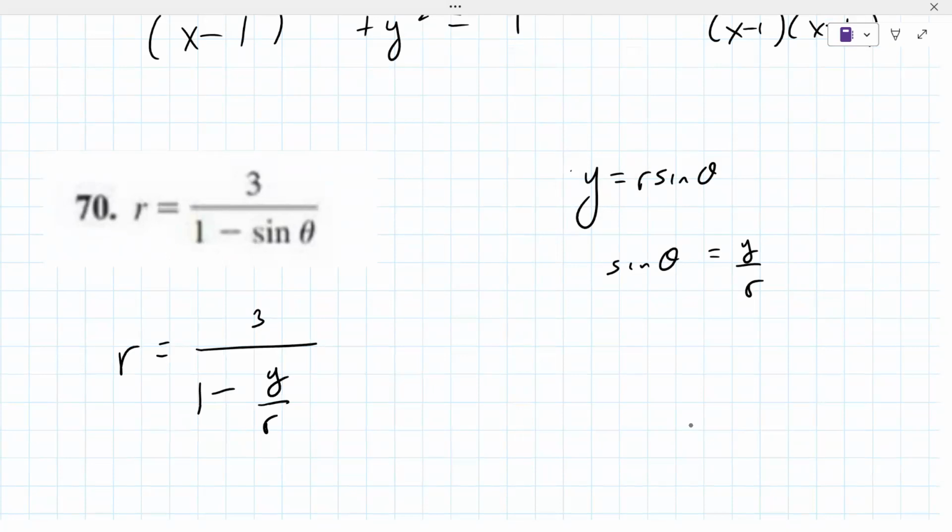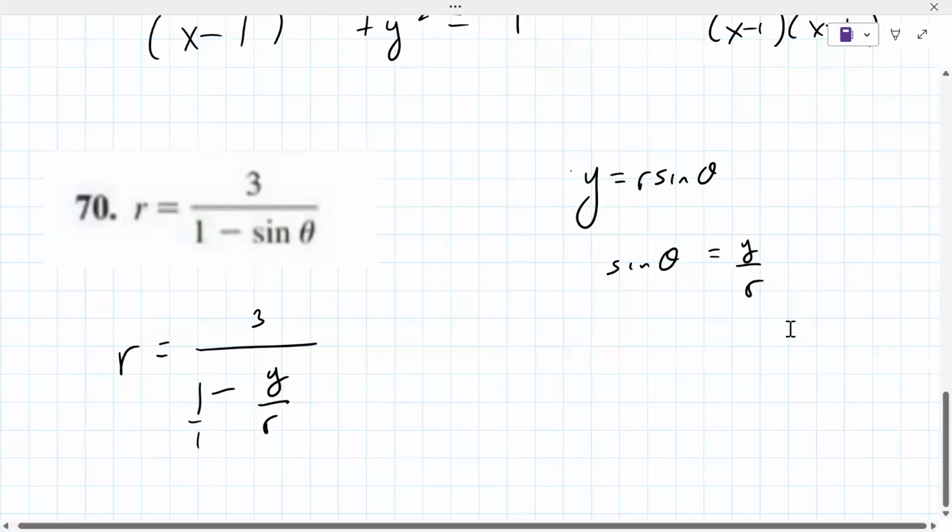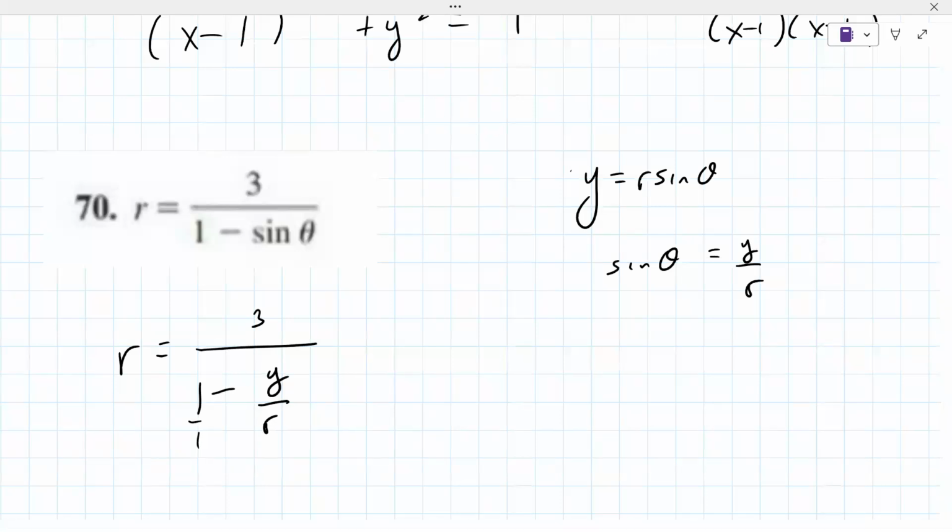I'm just substituting in like that. Any idea what I might do here when you have a fraction within a fraction, a complex fraction? You'd multiply with the other side.